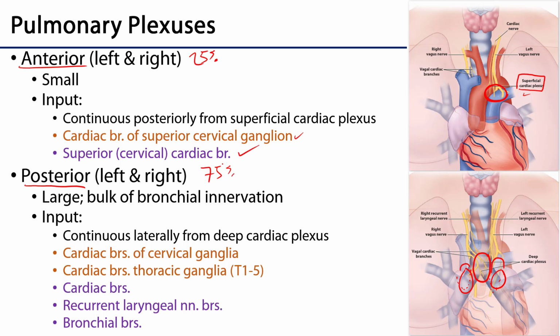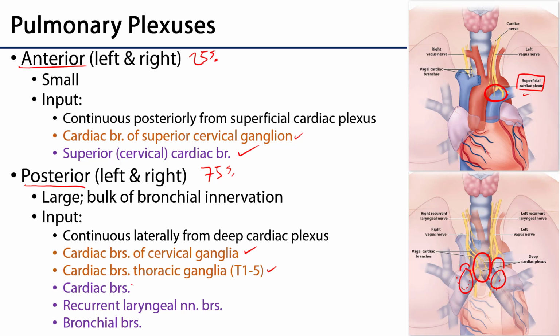In terms of the posterior plexuses, which are about 3/4 or 75% of the innervation of the pulmonary plexuses in total, all of the same innervations for the deep plexus, which involve the cardiac branches of all cervical ganglia, so superior, middle, and inferior. The cardiac branches of thoracic ganglia T1 through T5 from the sympathetic trunk.